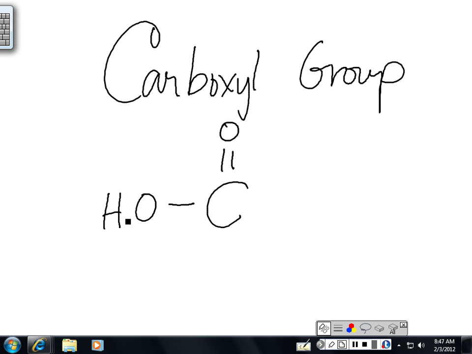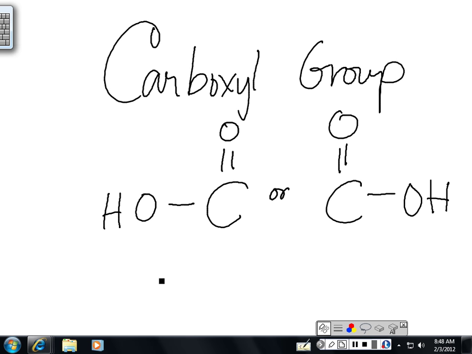Okay, so that's our carboxyl group. Remember, we can flip that around, same as any of these other guys. We can draw this also C double bonded to an O, or we can put the OH group in that position. But remember, carboxyl groups make things what? Acidic. So carboxyl groups make things acidic.